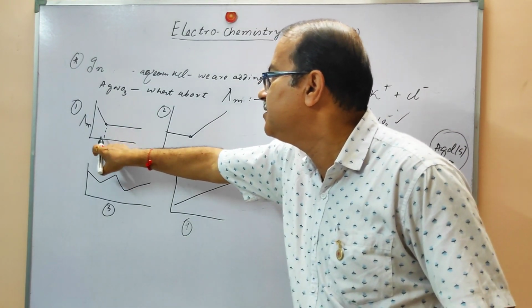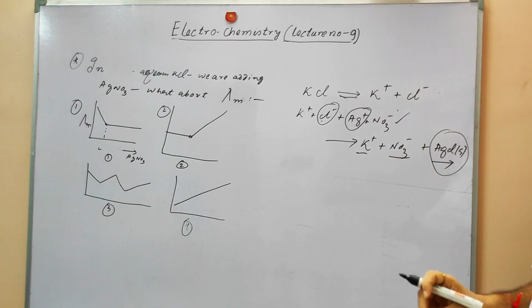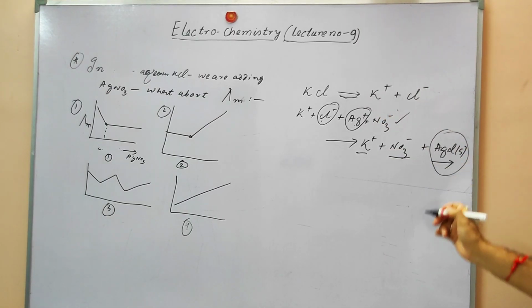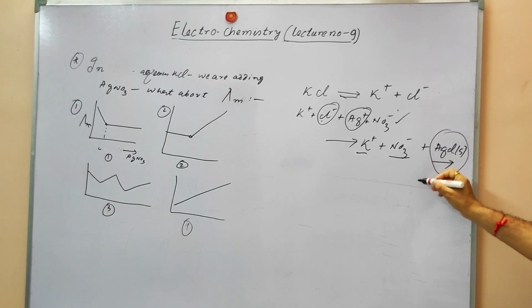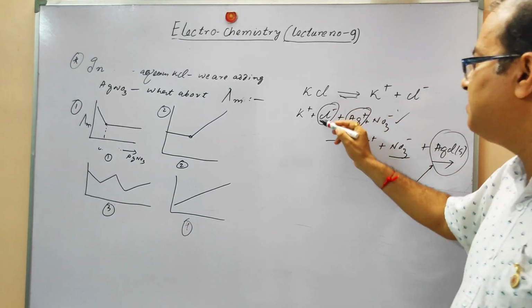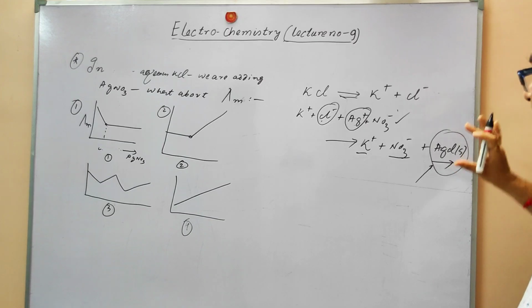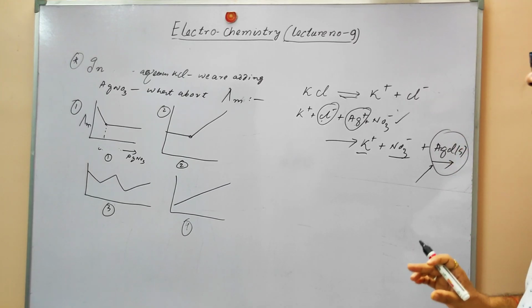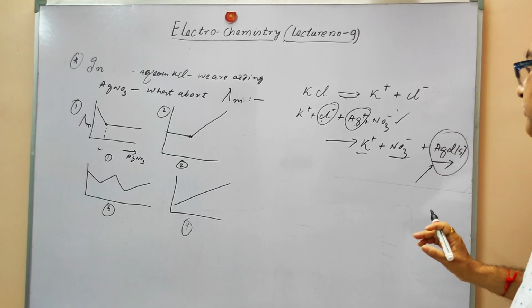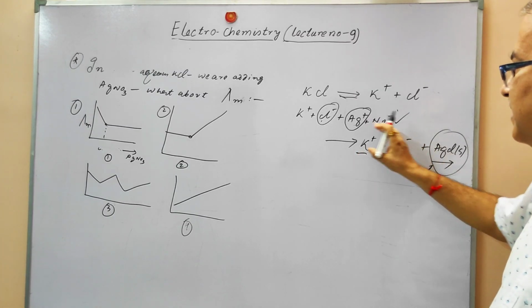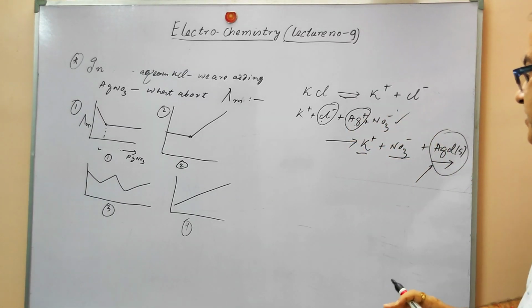It is not dilution, you can say we are adding the AgNO3, then what is going to happen? A time will come when all the Cl minus will be consumed by the Ag plus ion. There is a precipitation, and until then K plus and NO3 minus ions will be constant.